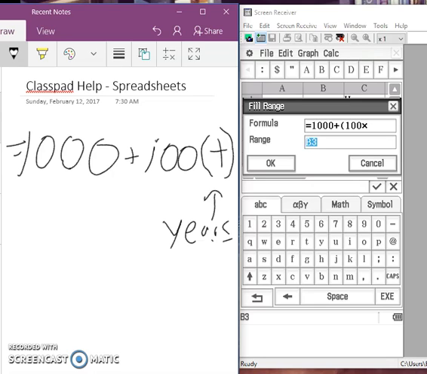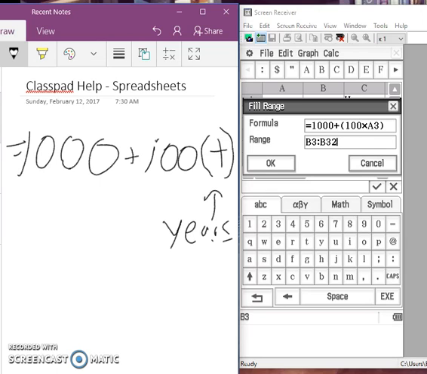We're starting in B3, so we want it to be multiplied by A3. We'll close our brackets, and then we want to fill this range all the way down to B32, because that's where we end. So we've got to use the colon for that.